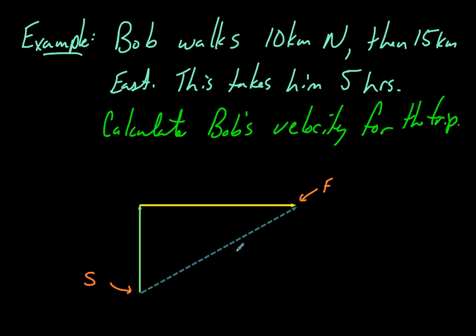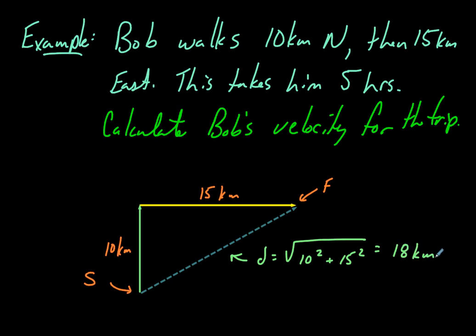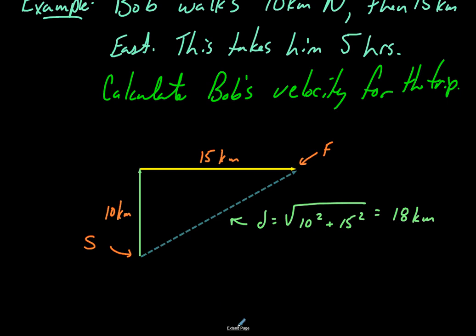So the first thing we'll do is we'll calculate and we'll figure out the actual magnitude of the displacement, and we'll use Pythagorean theorem to do that. So it works out to roughly 18 kilometers. All right.